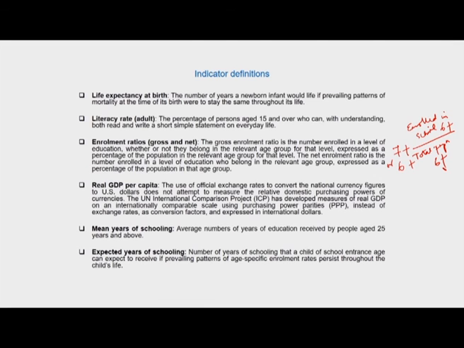If the relevant age group that should be in school is 6 and above, then this will be referred to as net enrollment ratio.